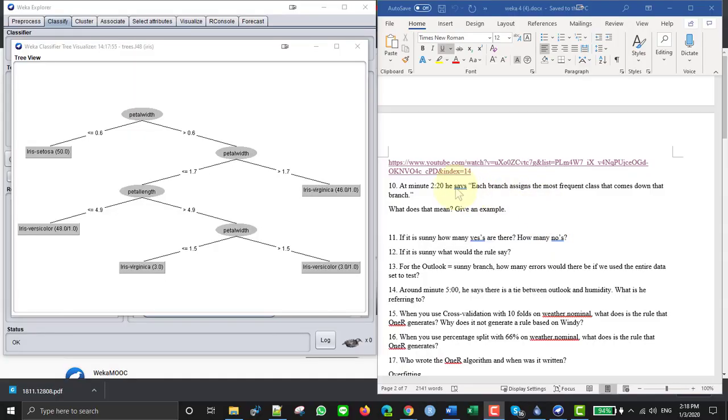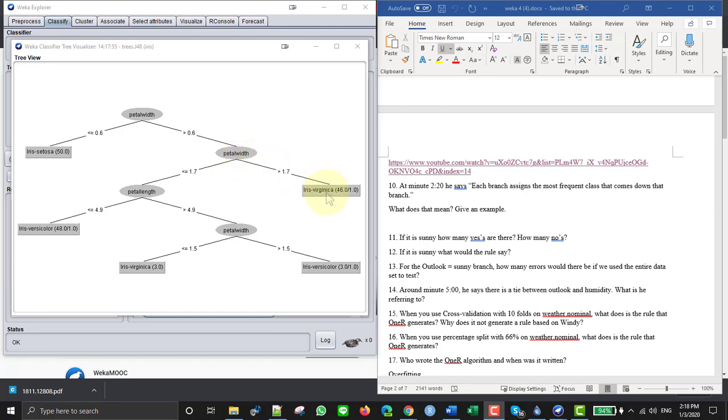Okay, this is the next video. At minute 2:20, he says each branch assigns the most frequent class that comes down that branch. So, for example, here we have petal width. Actually, I think he's talking about 1R, but the same applies for J48. If petal width is greater than 0.6, then the next decision is whether it's greater than 1.7.